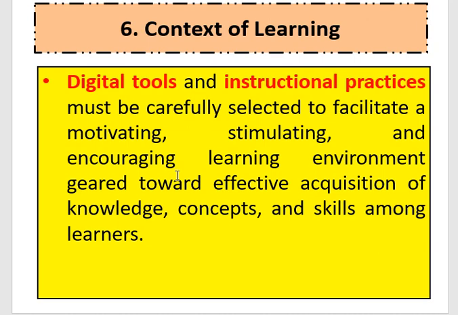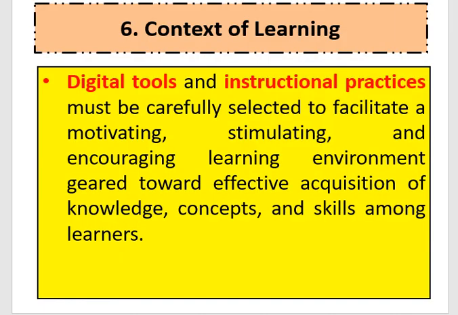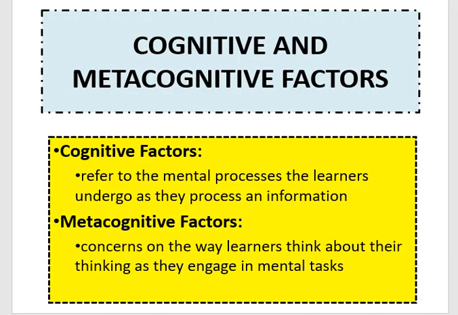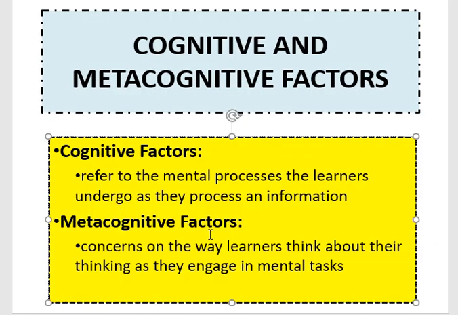Then, we have here, oh, that's it. That's it for the cognitive and metacognitive factors. Again, to recap, when we say cognitive and metacognitive factors, cognitive is how you think. Ano yung natutunan mo, how your brain processes your thinking. And when we say metacognitive, it is thinking about thinking.